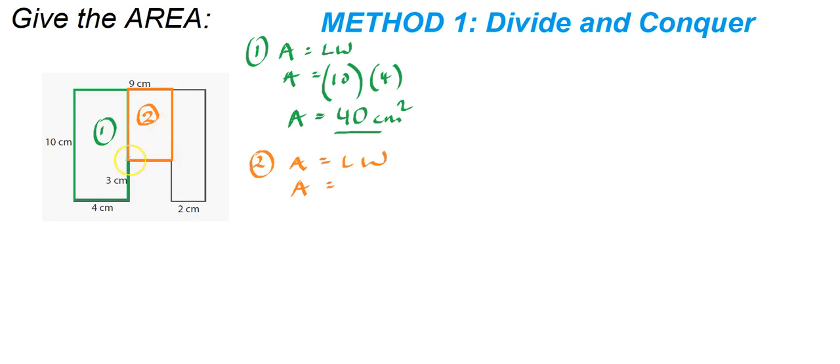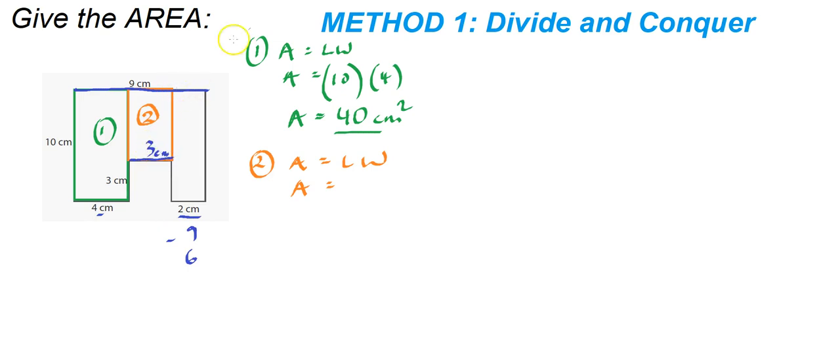Let's do this one first. This length here. I know that the whole length is 9. And I know that part of it is 4, and another part of it is 2. So 9 minus, what's 4 plus 2, is 6. 9 minus 6 is 3. So I know that that has to be 3 centimeters.